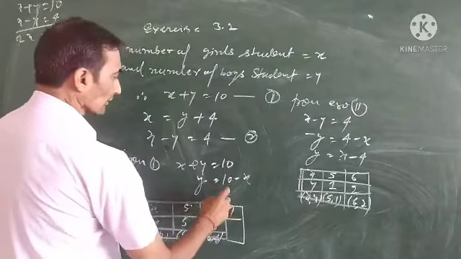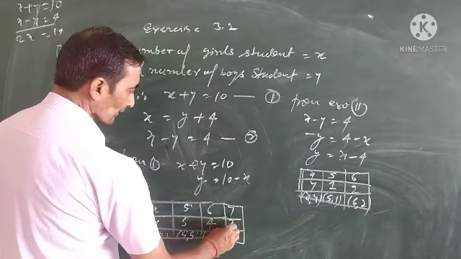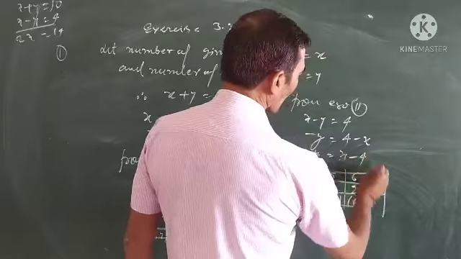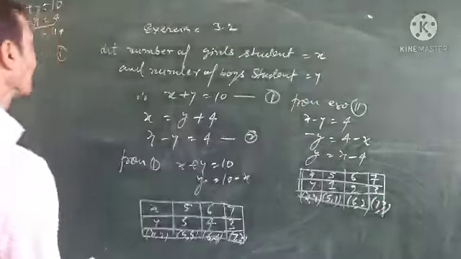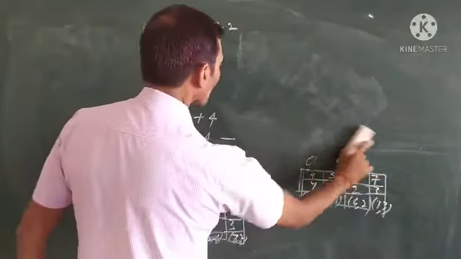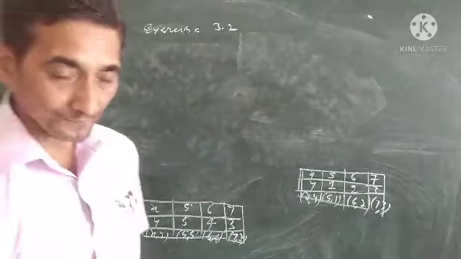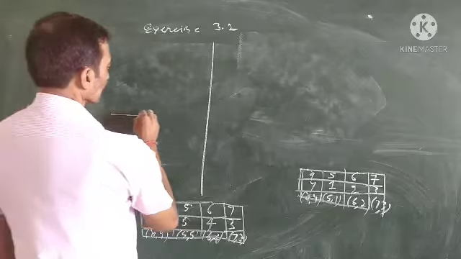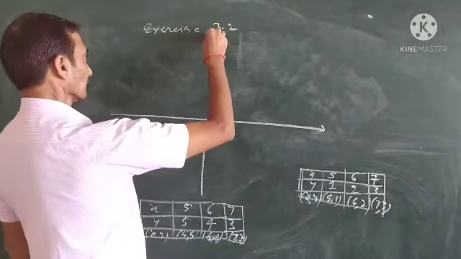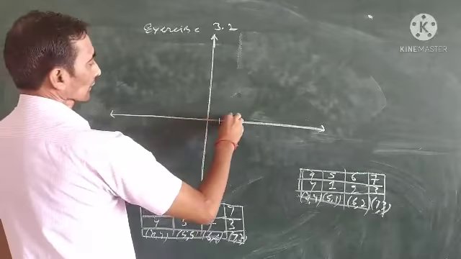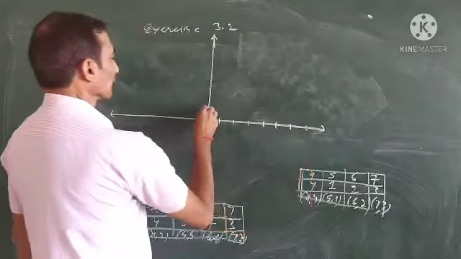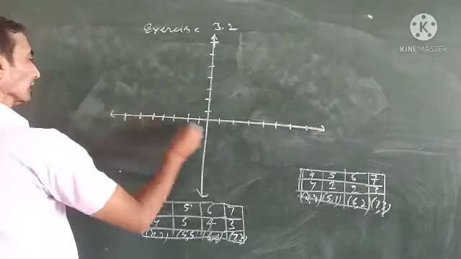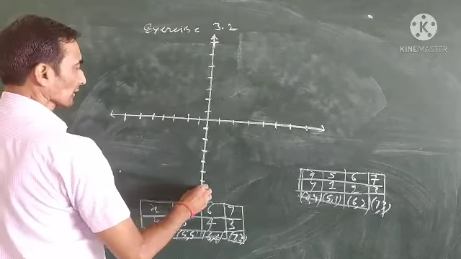Let x = 7, then y = 3, (7, 3). Here is also one point: x = 7, then 7 - 4 is 3. Now on the axes, 1, 2, 3, 4, 5, 6, 7.